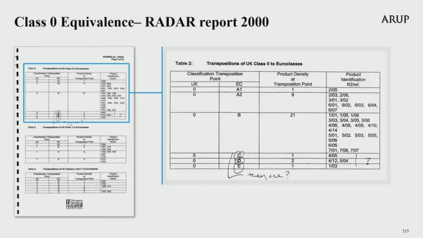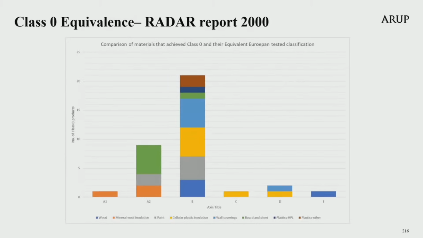On screen now is Table 2, taken from Part 2 of the report, that shows products that were tested and achieved Class 0 and their subsequent European classification. I've taken these results and I've shown them on the screen now.